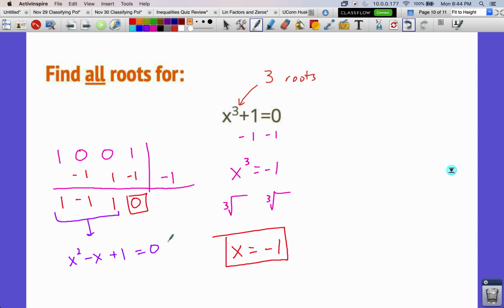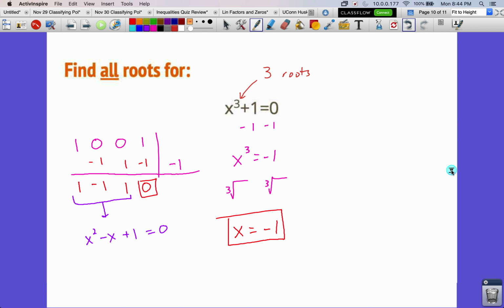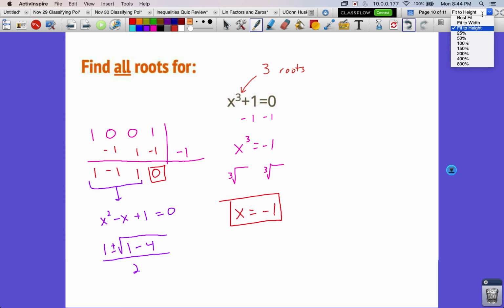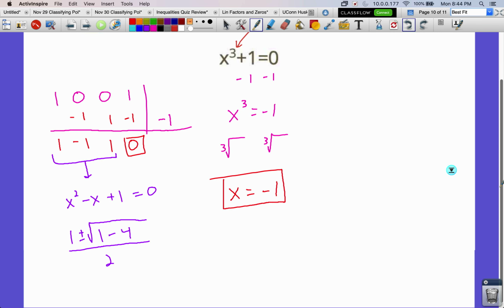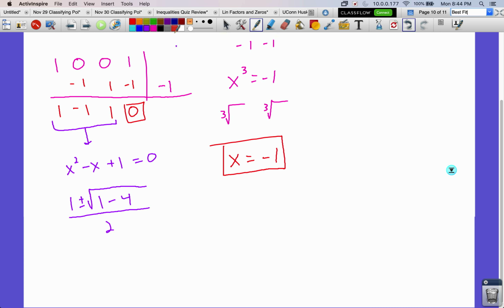Let's keep that equal to 0. Now I'm going to use the quadratic formula on this. So negative b, so that'd be a 1, plus or minus the square root of b squared, so 1, minus 4ac would just be a 4, all over 2a would just be a 2. Let's simplify this.